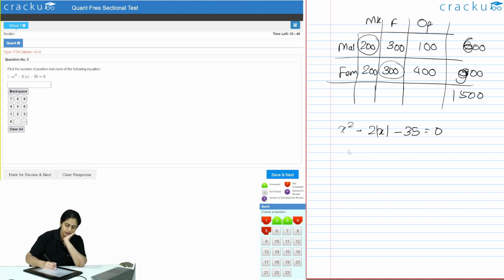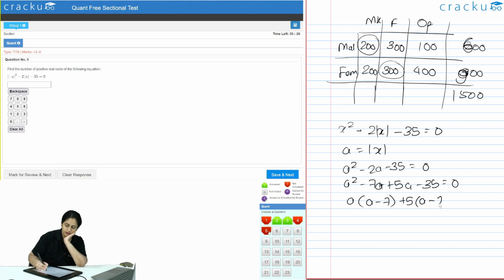Let a be equal to modulus of x, therefore a squared minus 2a minus 35 is equal to 0. 7 and 5: a squared minus 7a plus 5a minus 35 is equal to 0. So a into a minus 7 plus 5 into a minus 7. So a can be minus 5 or 7. But since a is modulus of x, a has to be equal to 7.